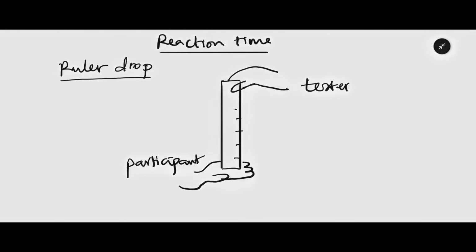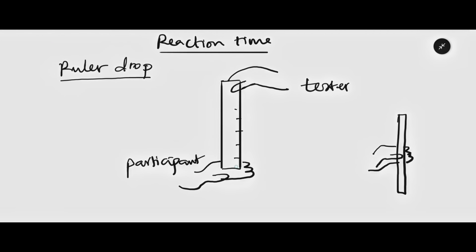And let's say once the ruler has been dropped, the participant caught it somewhere right here.